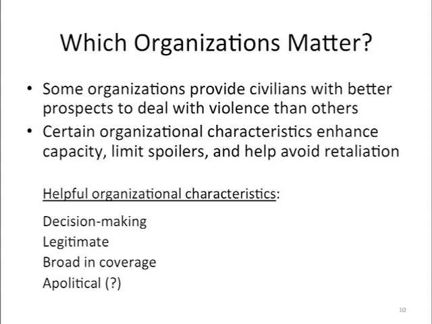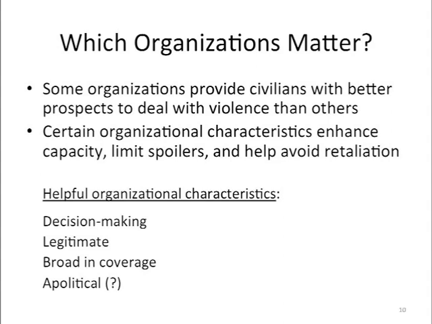And so some of the organizational characteristics that I've identified, which I believe to be helpful, are, one, a strong decision-making capacity. So for example, a local council that is experienced making community decisions might be more helpful than a mere cooperative where people are just exchanging goods.